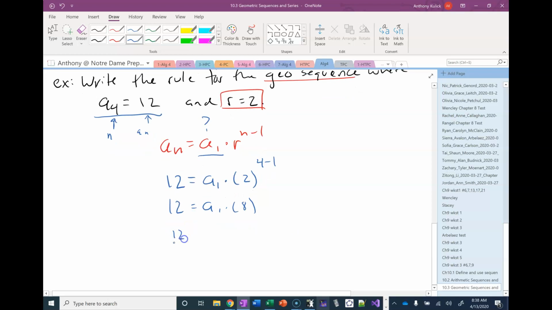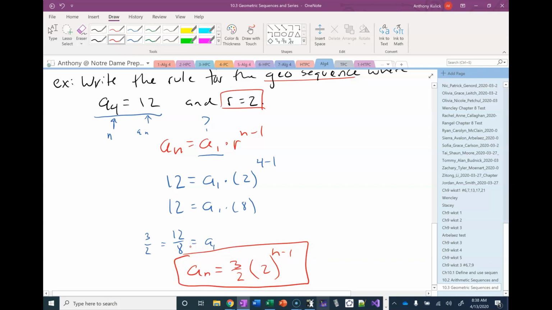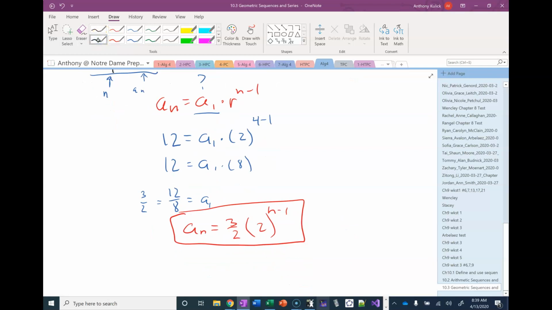And if I divide both sides by 8, I get 12 over 8, which reduces down to 3 over 2. So we can say then, my rule is the first term, 3 over 2, times 2 to the n minus 1. Okay, so not too bad, right? We just had one extra little solving step, but it wasn't a super difficult solving step.